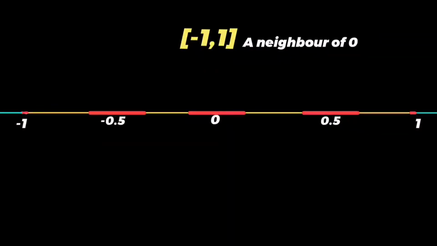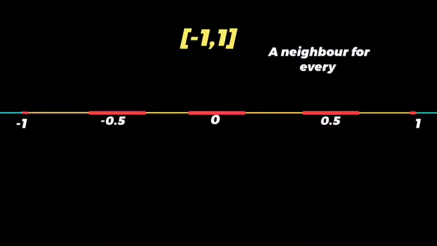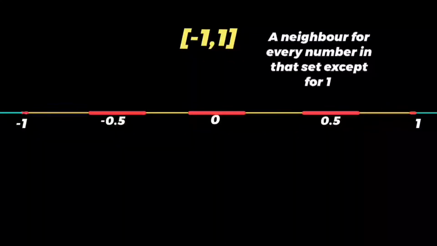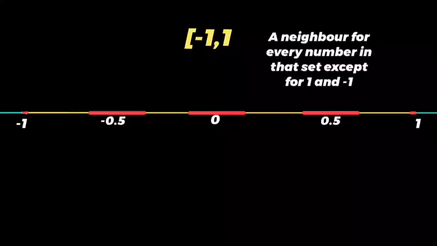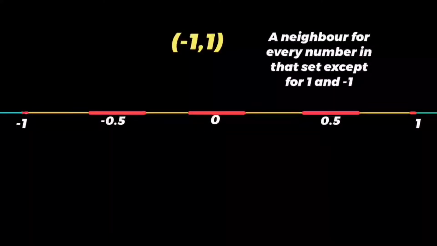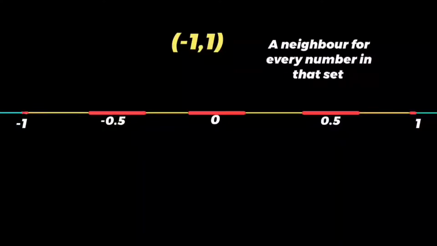So this set is not just a neighbor for 0. It's a neighbor for every element in that set, except 1 and -1. If we remove 1 and -1, then we can say this set is a neighbor for every number in that set. This set is a global neighbor, because of the set itself.